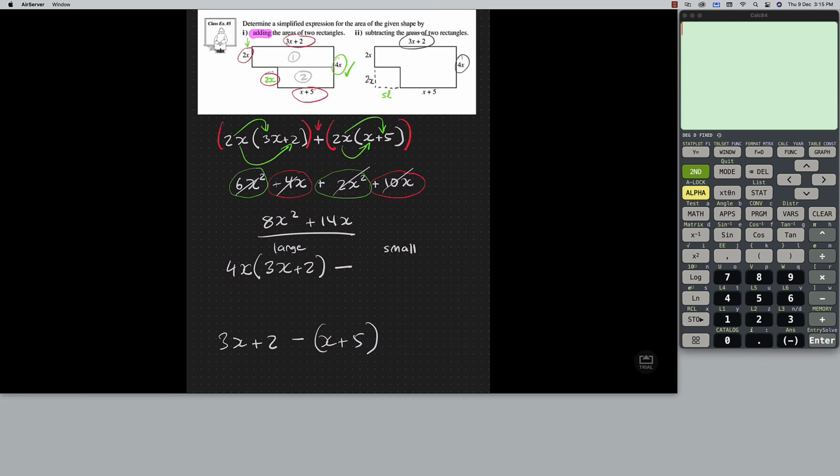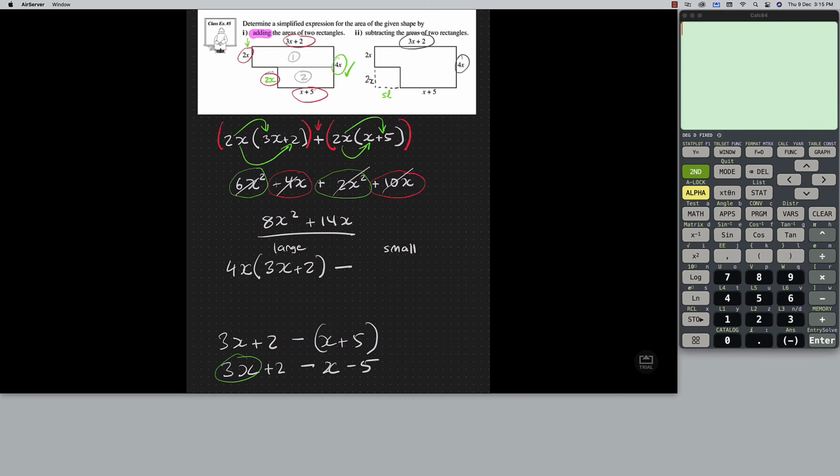Whoa, there's that negative sign again. Change it to a positive and change everything else. So let's just rewrite this really quickly. It says 3x plus 2 plus negative x minus 5. These two signs that are in there are going to turn into a negative. So now I just need to gather my like terms.